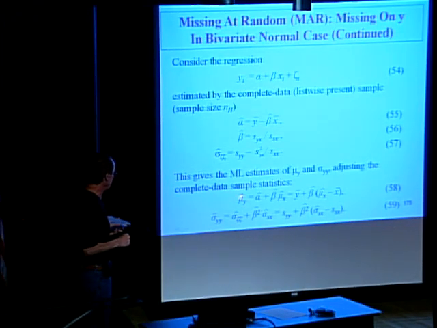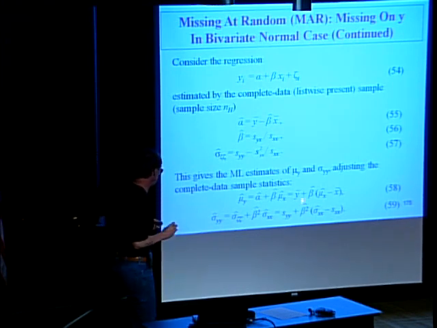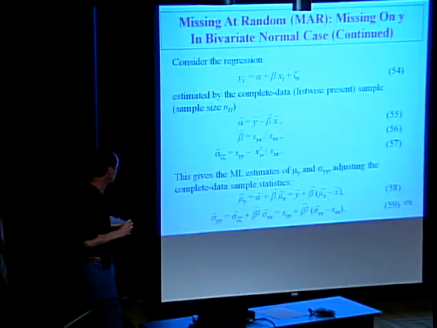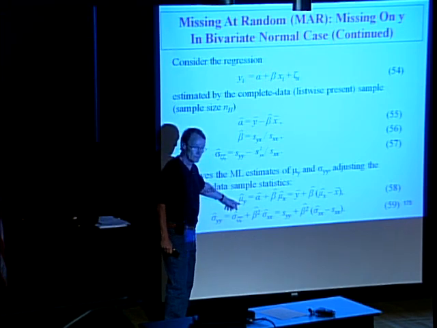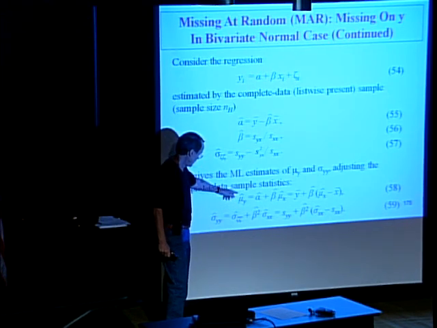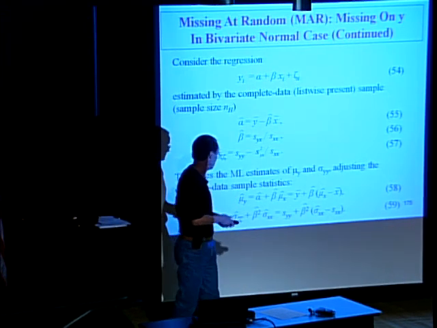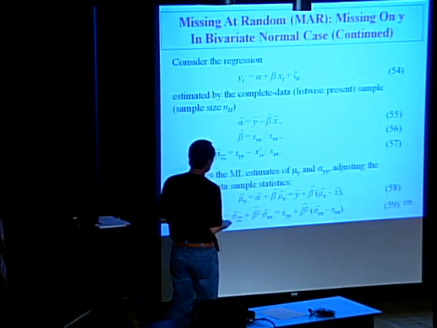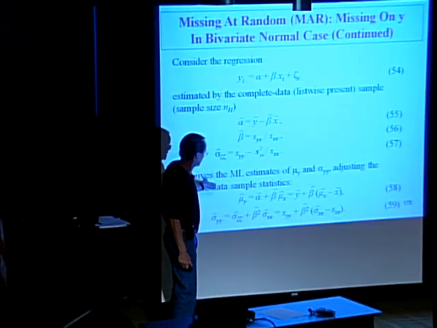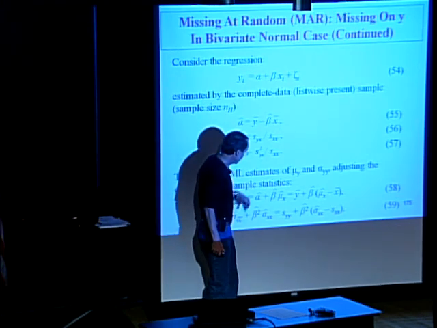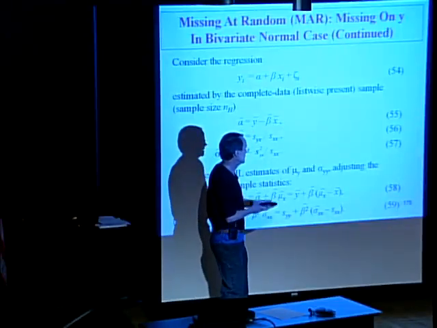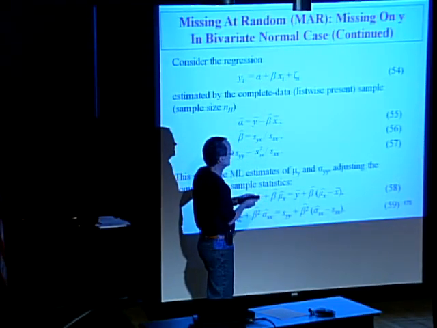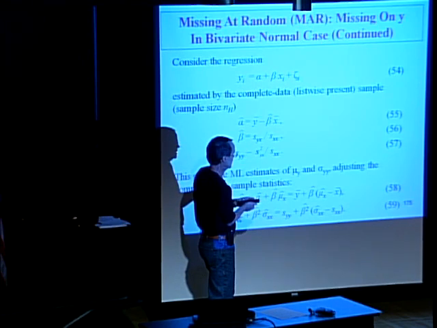in formulas 58 and 59, we show how that intuition plays out. Say that we want to estimate the mean of Y, mu sub Y hat, the estimated Y. MAR says that you should estimate that Y not only by Y bar being the sample mean for the people in the complete data group.